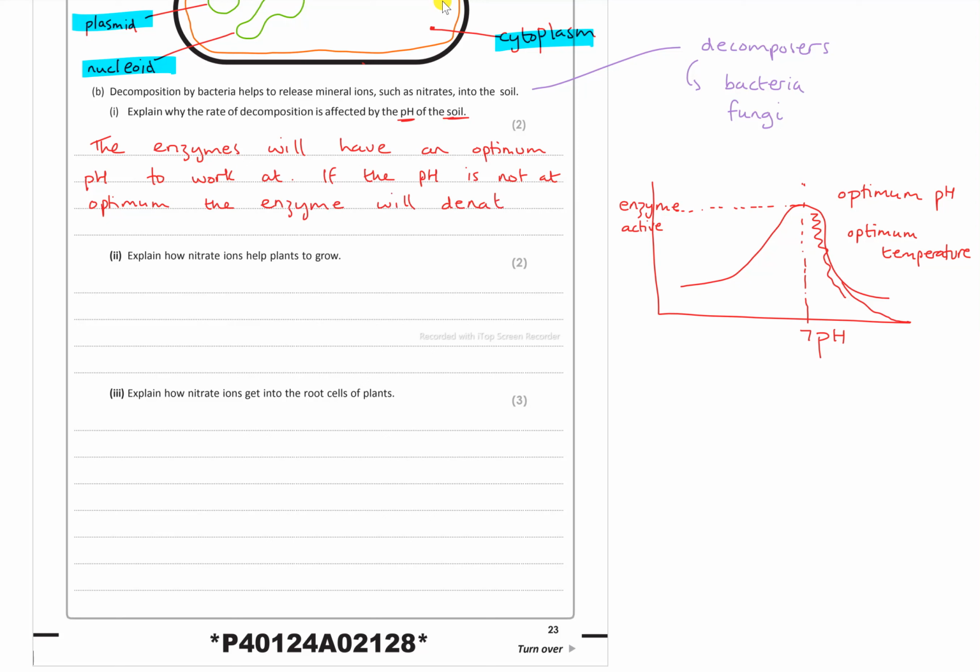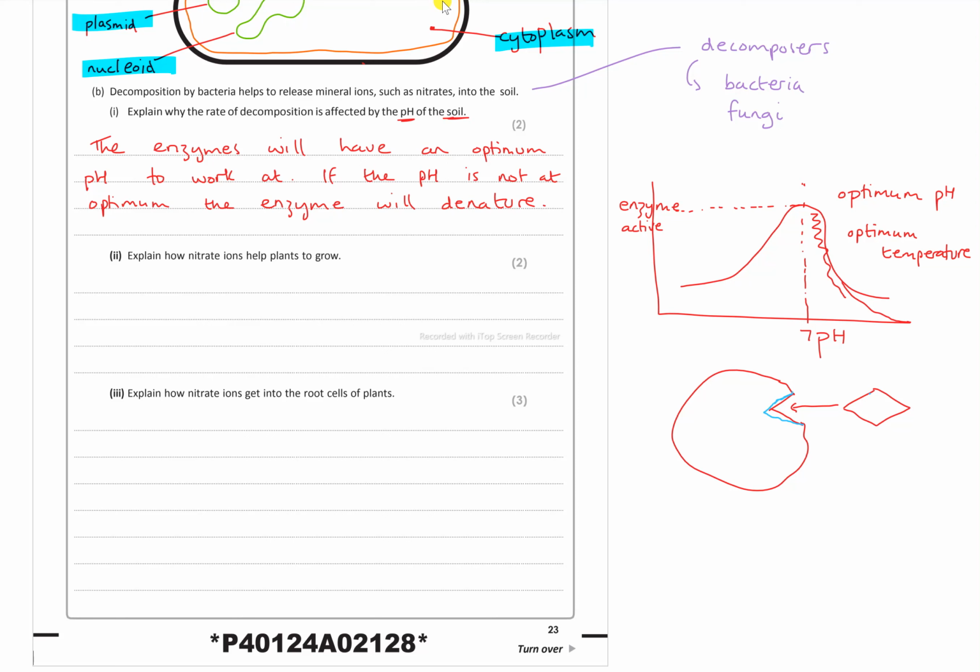Basically what happens is you've got your enzyme. I think this is a lock and key model. You've got your substrate coming in. Under normal conditions, this fits perfectly into there, right? And then it produces a product and that disappears. But at high temperatures or not optimum pHs, what happens is this becomes, or it comes out of shape.